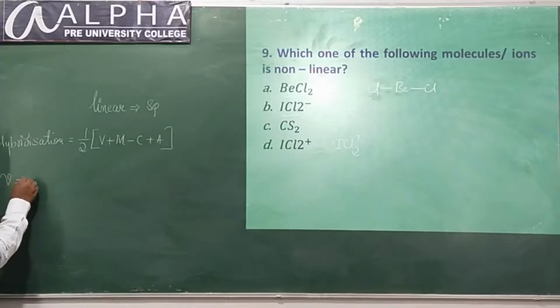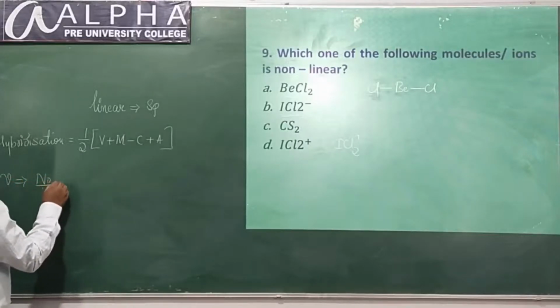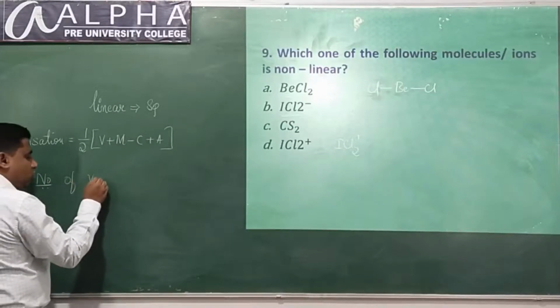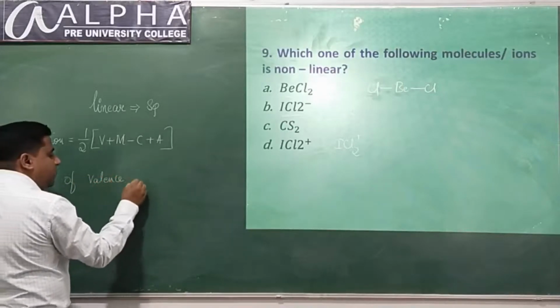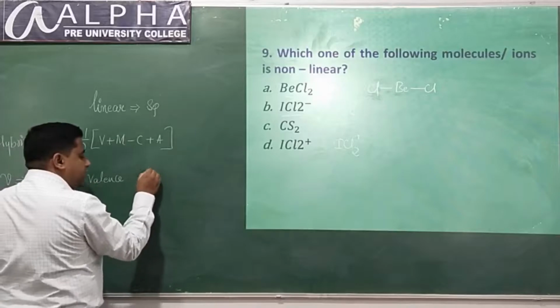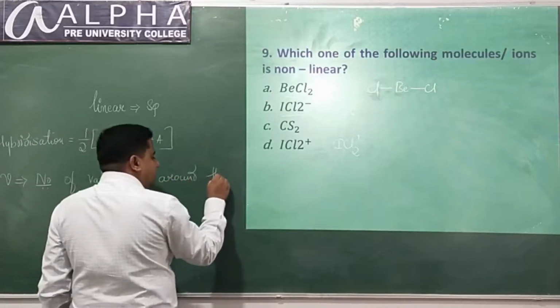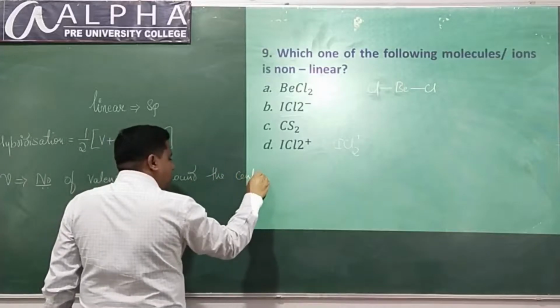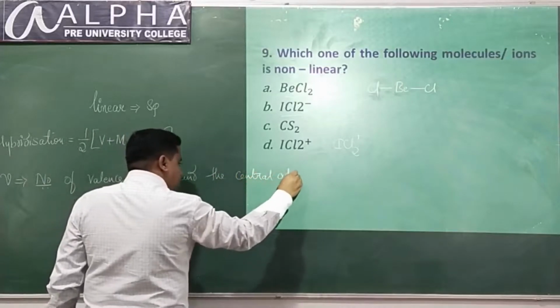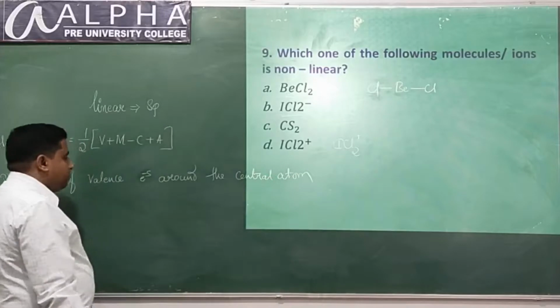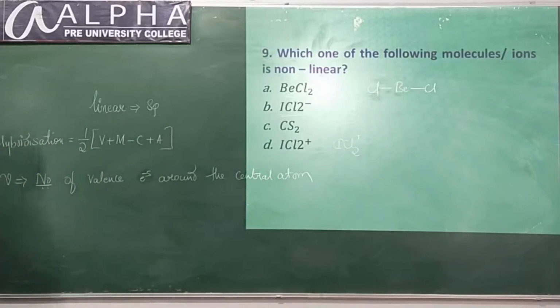V means the number of valence electrons around the central atom.